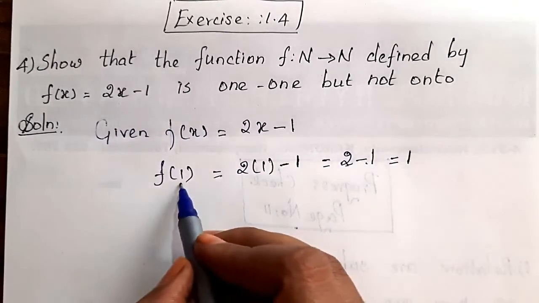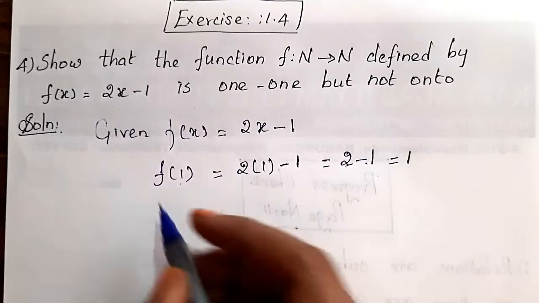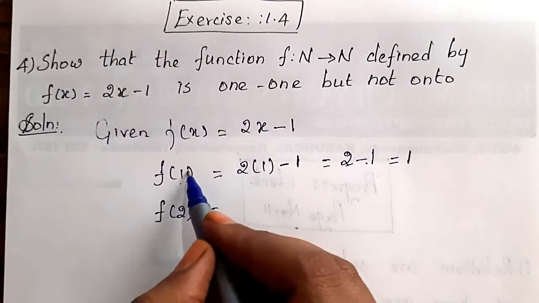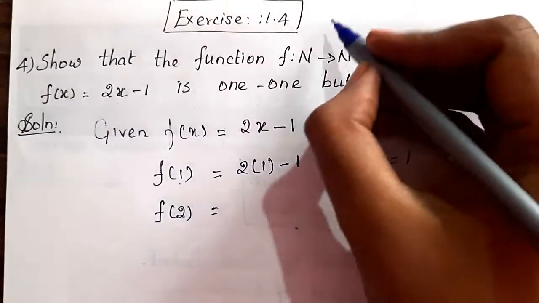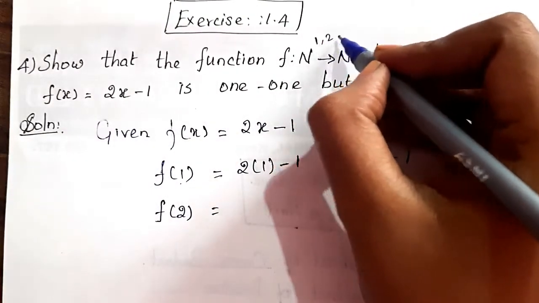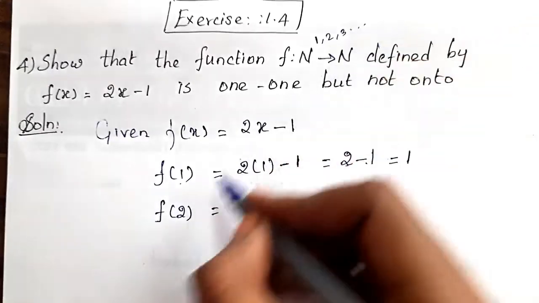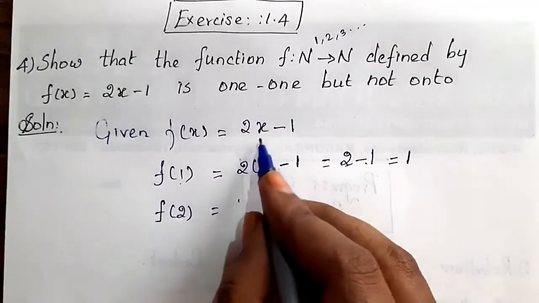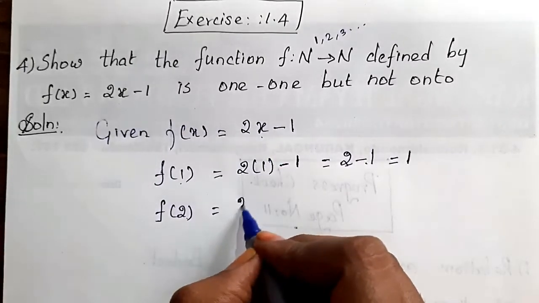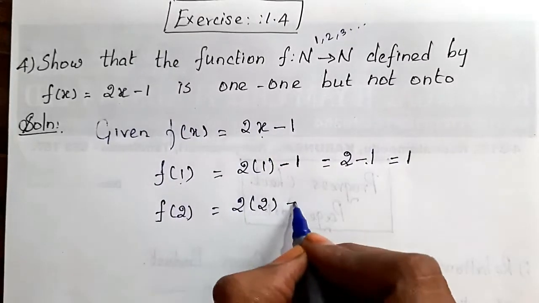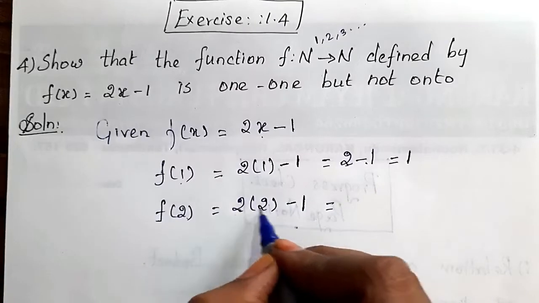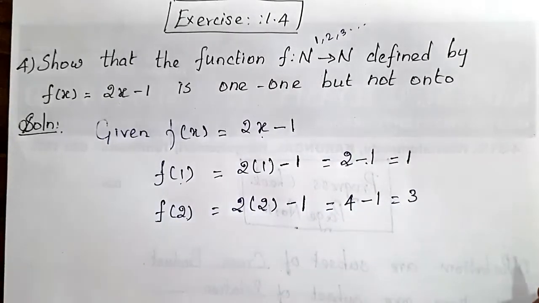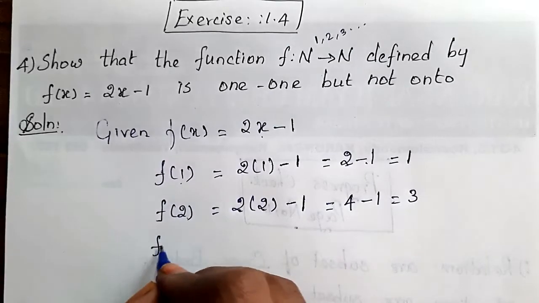So 1 goes to 1. Then we can find out f of 2. Can you remember why we are doing this, 1, 2, 3, etc.? Because set of all natural numbers means 1, 2, 3, etc. That is the reason we are applying. So in place of x put 2. So 2 into 2 minus 1, that is equal to 2 twos are 4 minus 1, that is equal to 3.